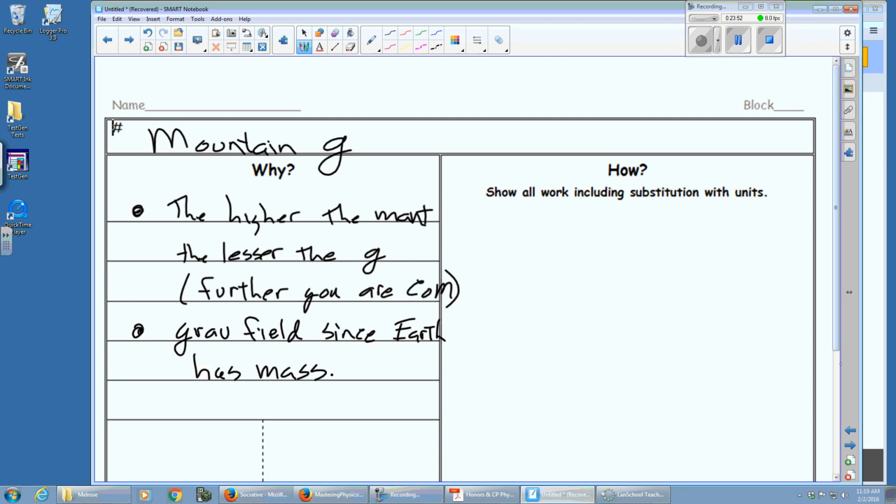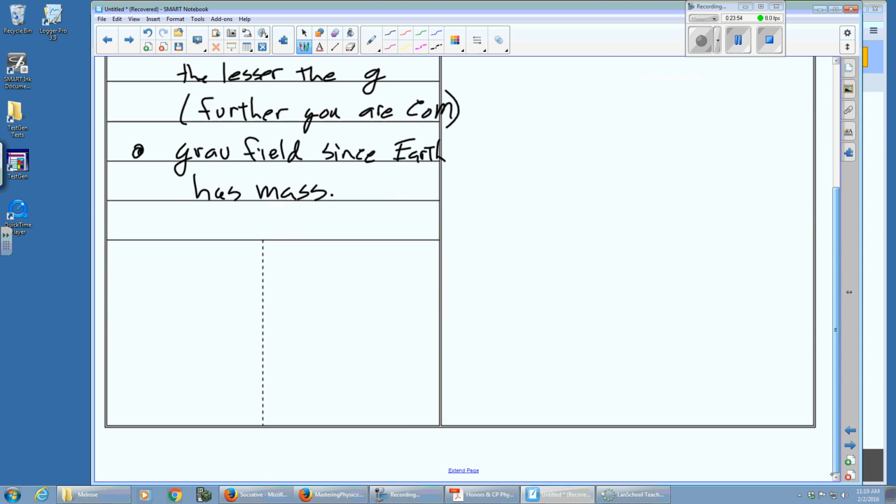Yep, just like before. I'm going to draw my little picture again. So here's the Earth. There's the mountain. We're talking about the top of the mountain. So from the center, we've got the radius of the Earth plus however tall the mountain is.